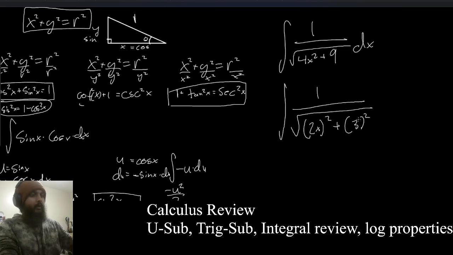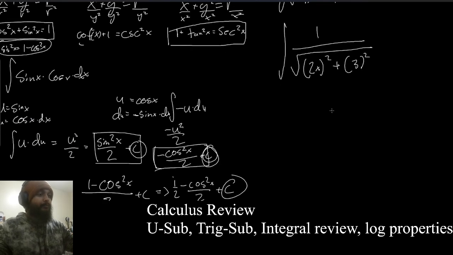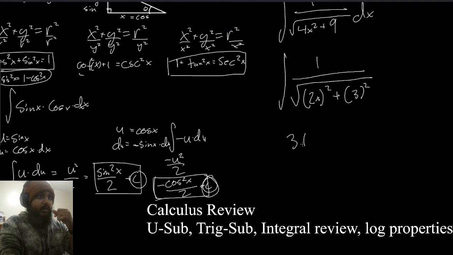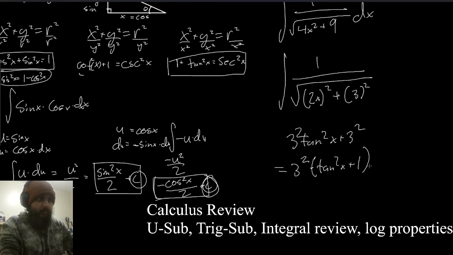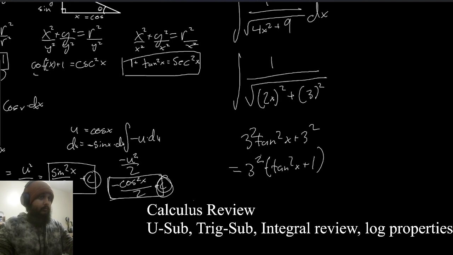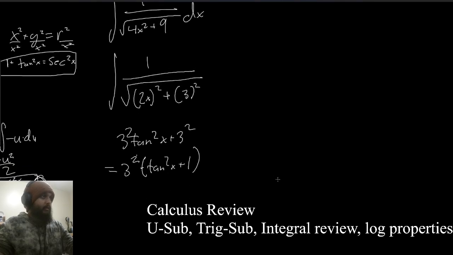We want this to eventually be 3 squared times tangent squared theta plus 1, so that will eventually equal 3 squared times secant squared. So our end goal is to try to get this in our denominator. Let's see how that goes.